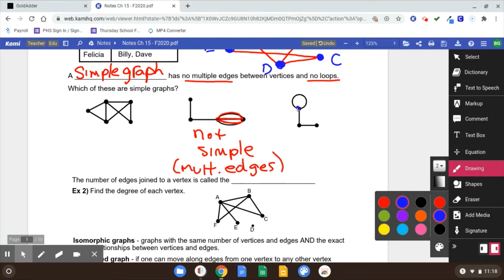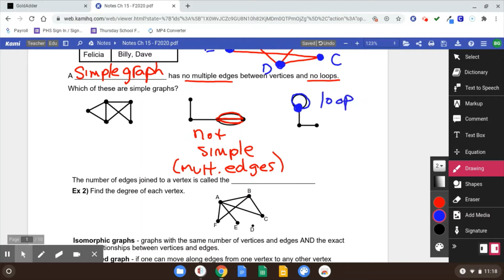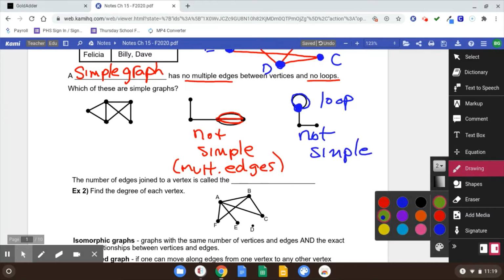This one right here, if you notice, there's a vertex, and then this edge loops around to itself. That's a loop. So this one is not simple. The only one of these 3 that's simple is the first one. A simple graph has no multiple edges and no loops.